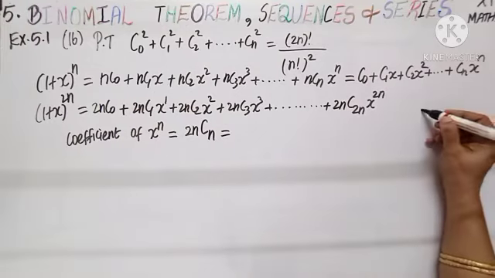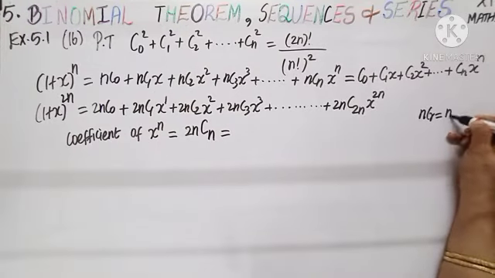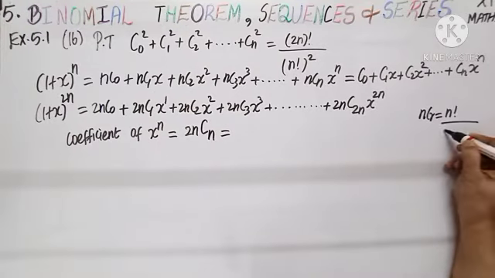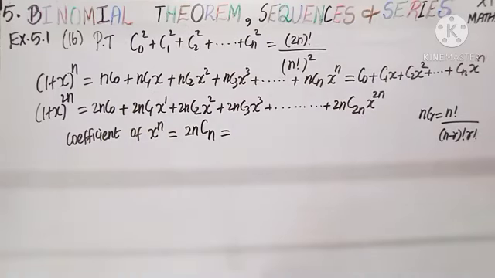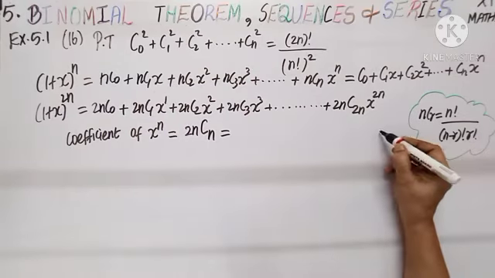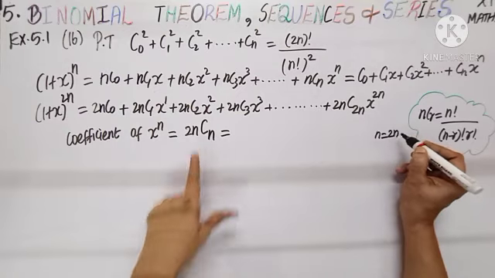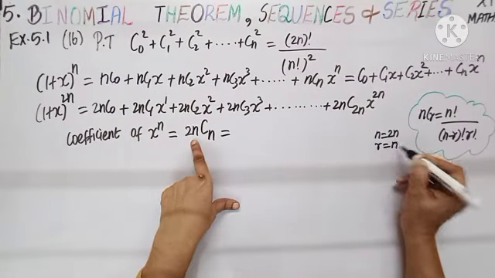Let me remember the formula nCr: n factorial by n minus r factorial into r factorial. In this question, n is 2n and r is n.